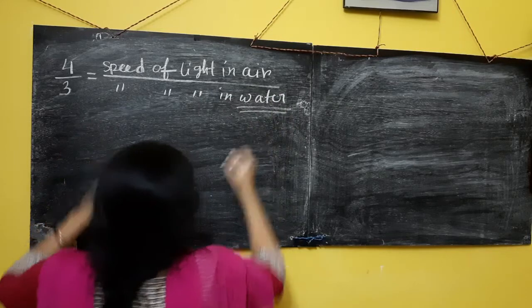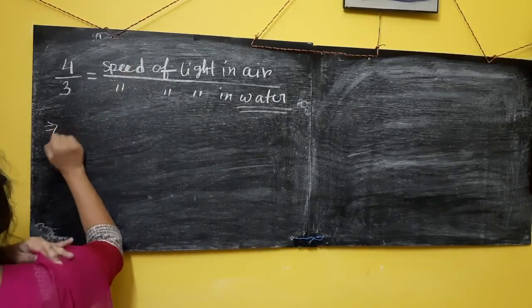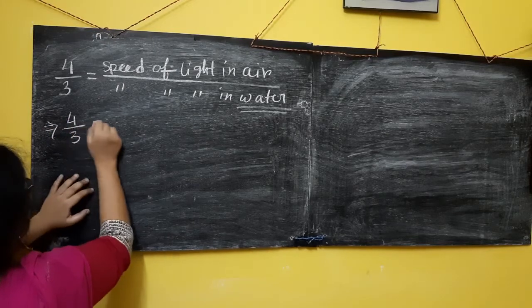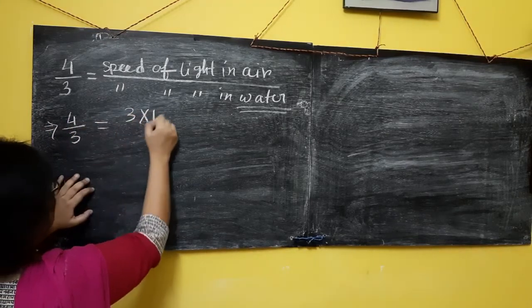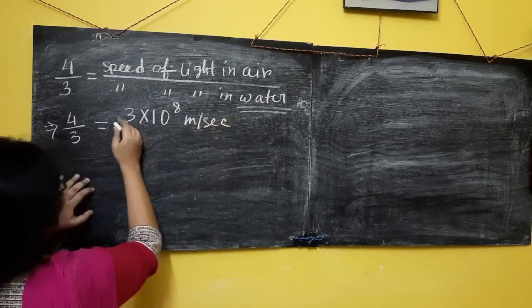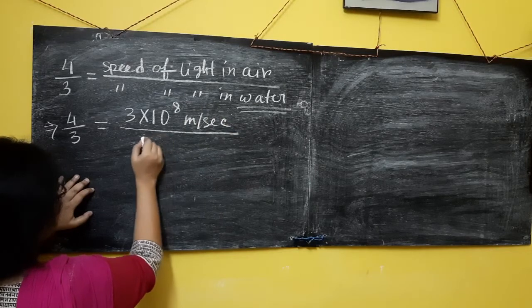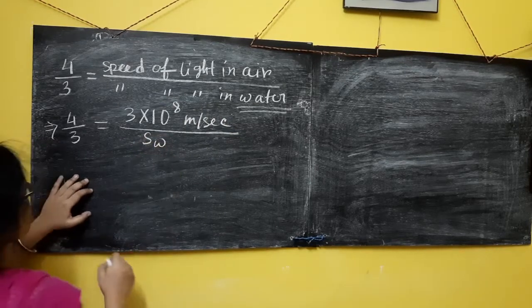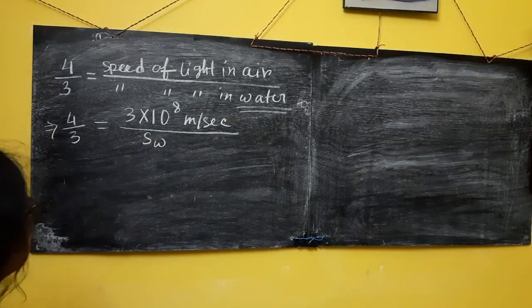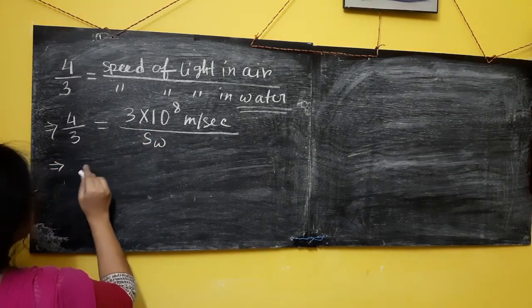In the question, this I need to find out. This is given. So 4/3 equals 3 into 10 to the power 8 meter per second, which is given already, divided by the speed of light in water, I am writing SW. So what will be SW? This 3 will be multiplied here.